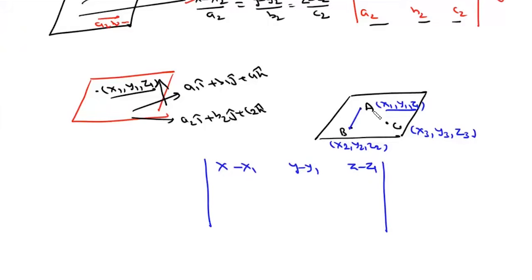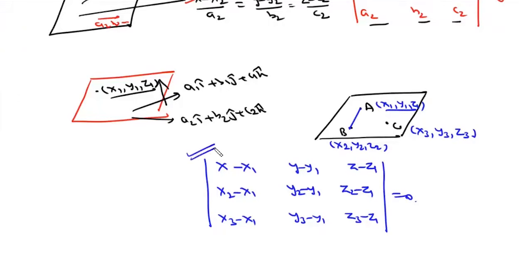We can define vectors in terms of direction ratios: x2 minus x1, y2 minus y1, z2 minus z1, and x3 minus x1, y3 minus y1, and z3 minus z1, and it must be equal to 0. So again we can calculate the equation of this plane directly using this determinant.